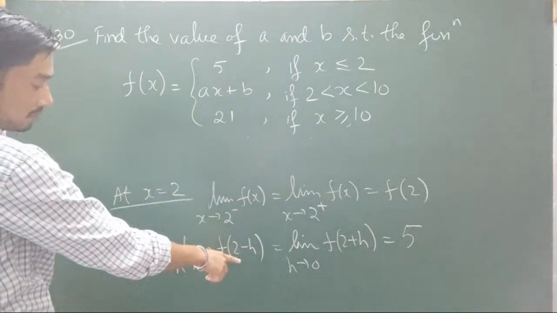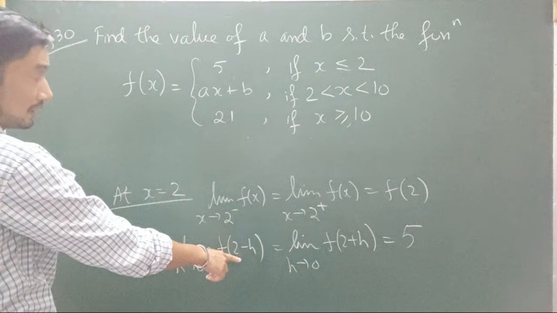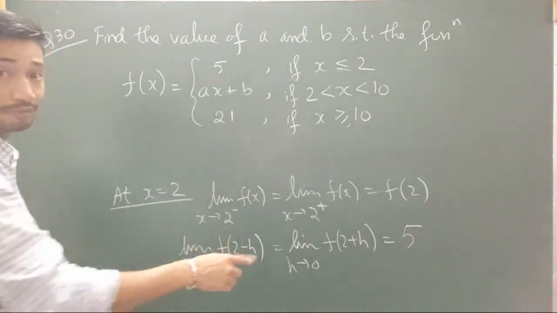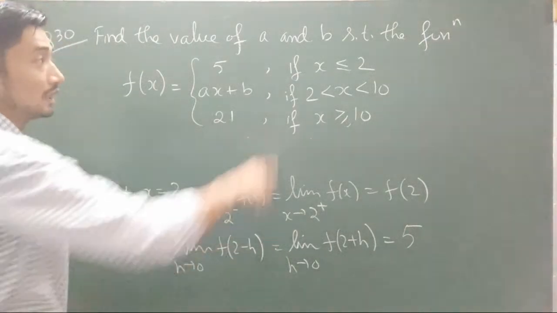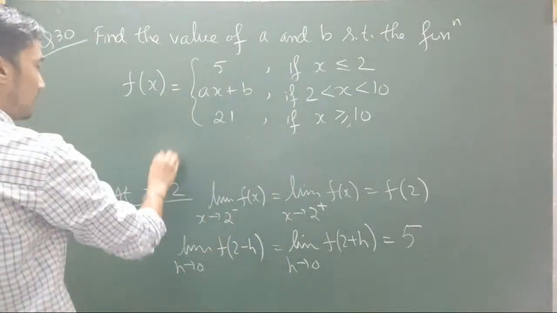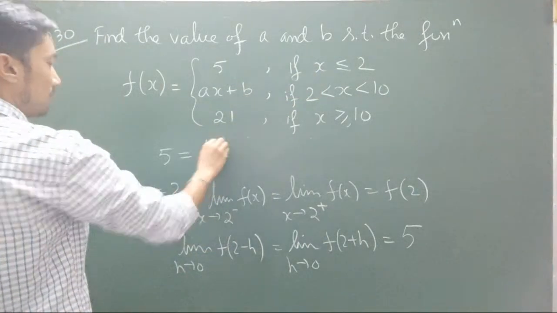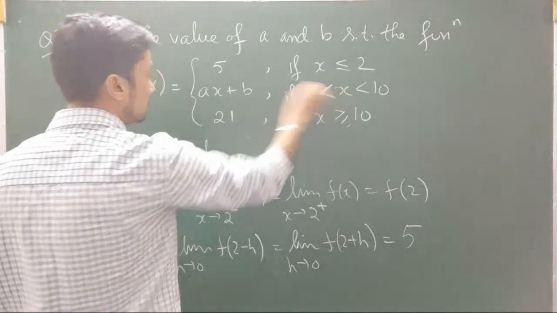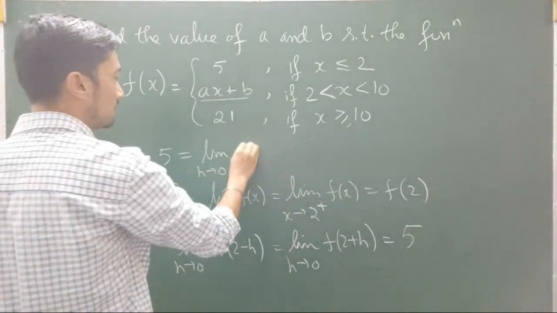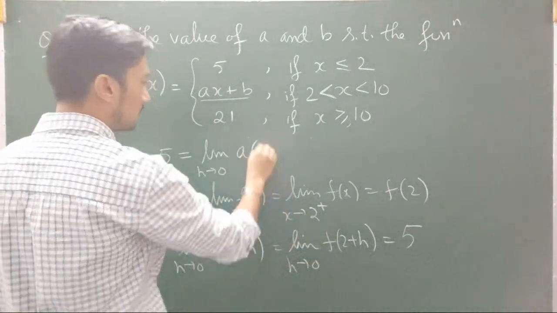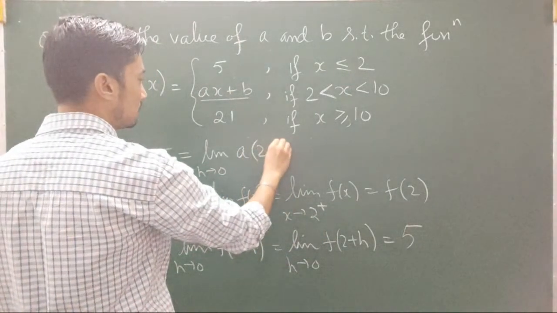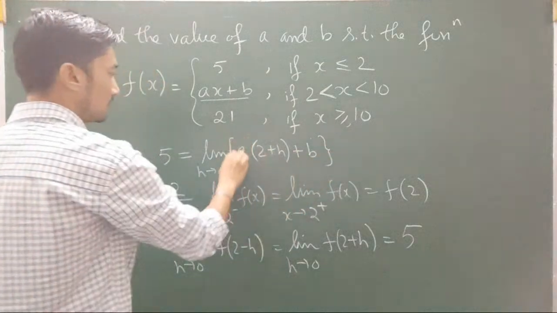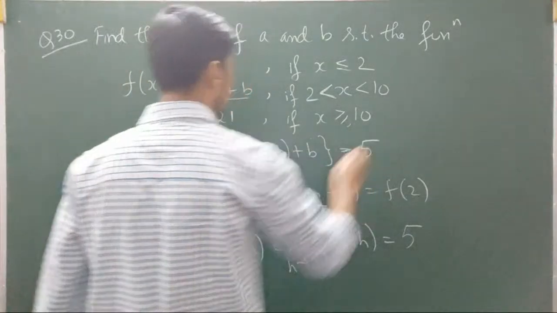So for 2 minus h, whenever it's less than 2, what is the value of the function? 2 minus h represents a value that is less than 2, that is 5, which is fine, not a big problem there. What about the right hand limit? h tends to 0, 2 plus h is slightly greater than 2. We have this function ax plus b, so that's going to be a times what is the value of x here, 2, plus b. That's equal to 5.